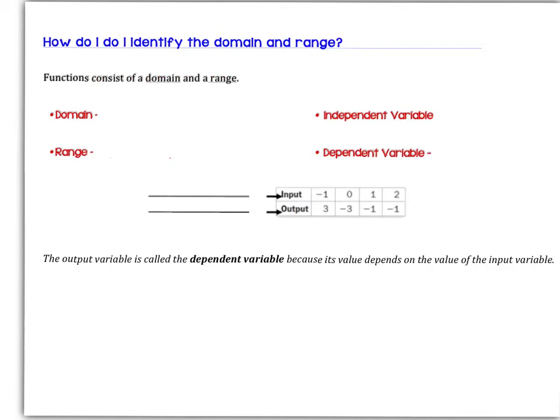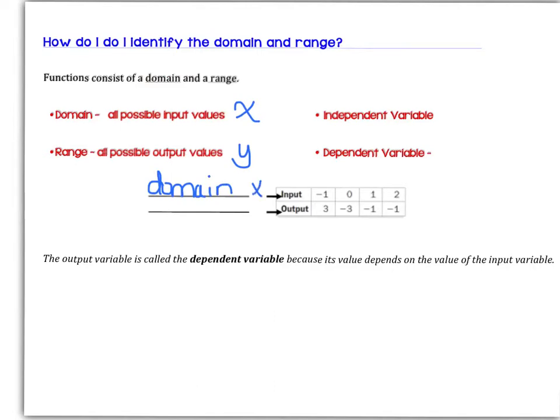Functions consist of a domain and a range. The domain is all possible input values, our x, and our range is all possible output values, our y.